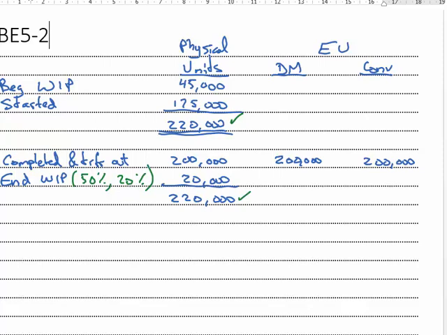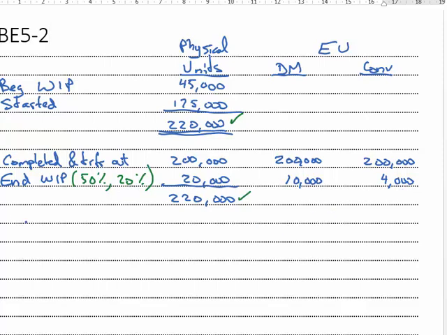Okay, so we're now looking at 50% of the 20,000 here means that we have, on an equivalent unit basis, 10,000 equivalent units with respect to direct materials, and 20% of 20,000 is 4,000 equivalent units with respect to conversion costs.